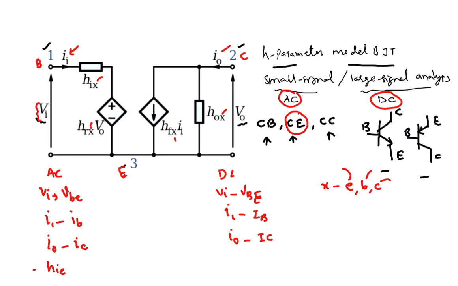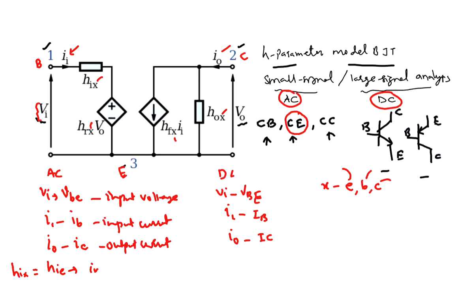This is your output current, this is your input current, this is your input voltage. And now HIE is your input impedance of the circuit.